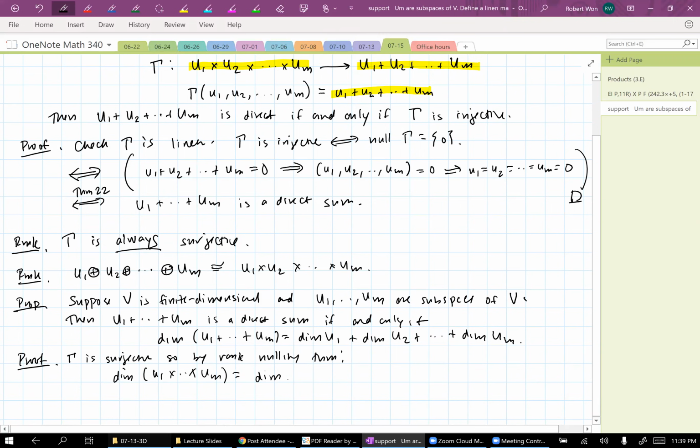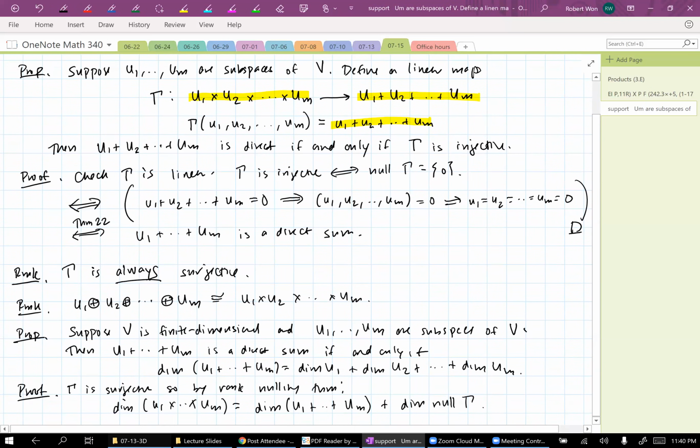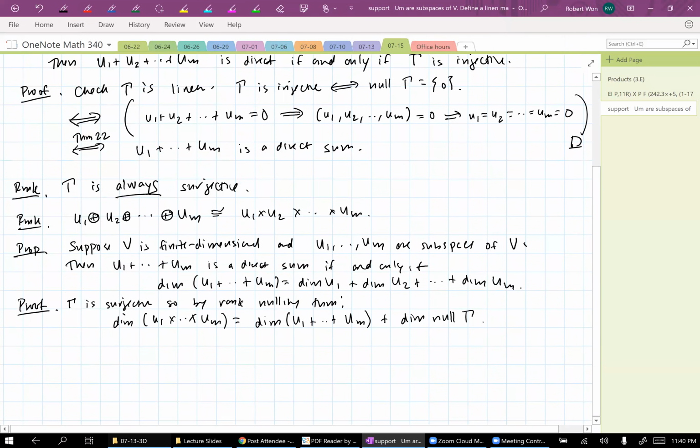But if it's surjective, which it always is, that's the dimension of the sum plus the dimension of the kernel, the null space. But we just said that the sum is a direct sum if and only if gamma is injective, which means it's a direct sum if and only if the dimension of the null space of gamma is 0, which means it's a direct sum if and only if these first two numbers are equal because the third number is 0.